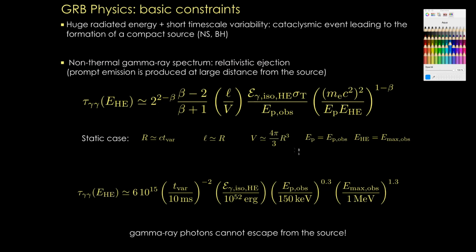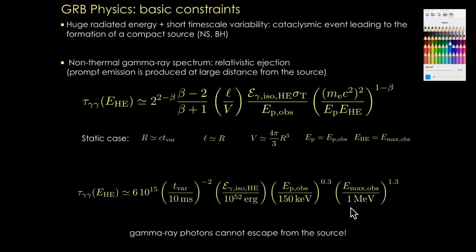I will assume a spherical region, static region, so this is the volume. And I can assume that the radiation field is isotropic within this source. So my frame is just the same frame as the frame of the observer. So the peak energy is equal to the observed peak energy, and also for the energy of the high energy photon I am considering.